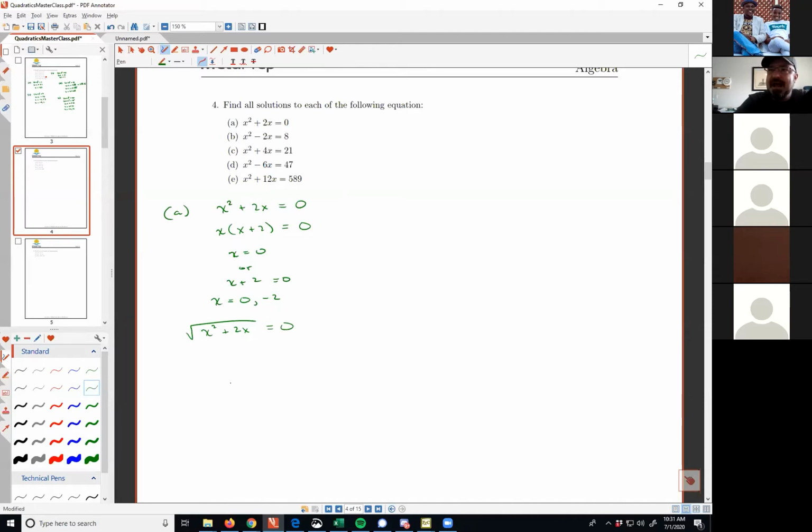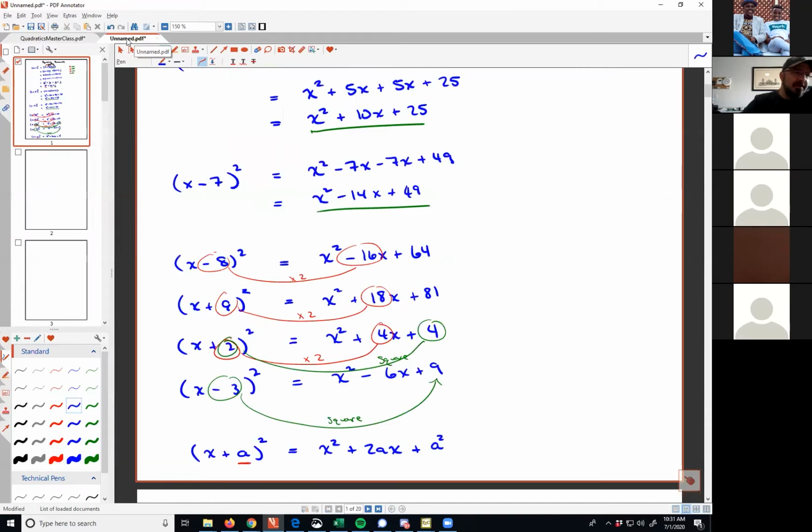This does not have a square root that is a binomial. Not something simple like we were looking at before with all these other examples. Not every trinomial is a perfect square trinomial. X squared minus 16x plus 64 is, but x squared minus 16x plus 65 is not.